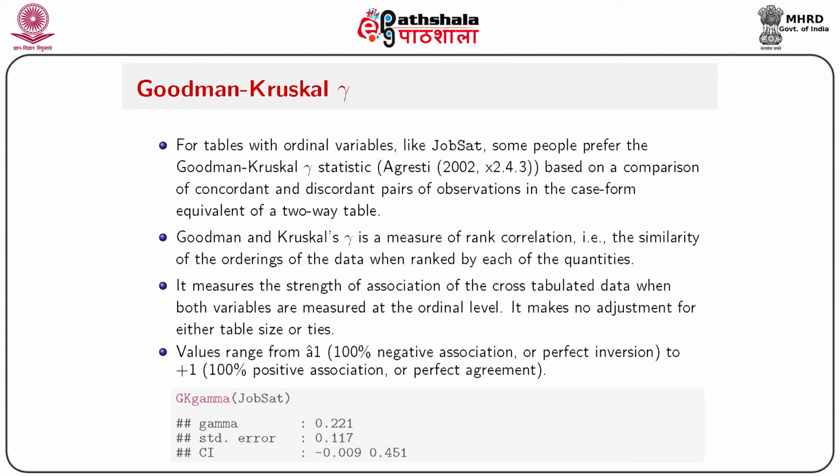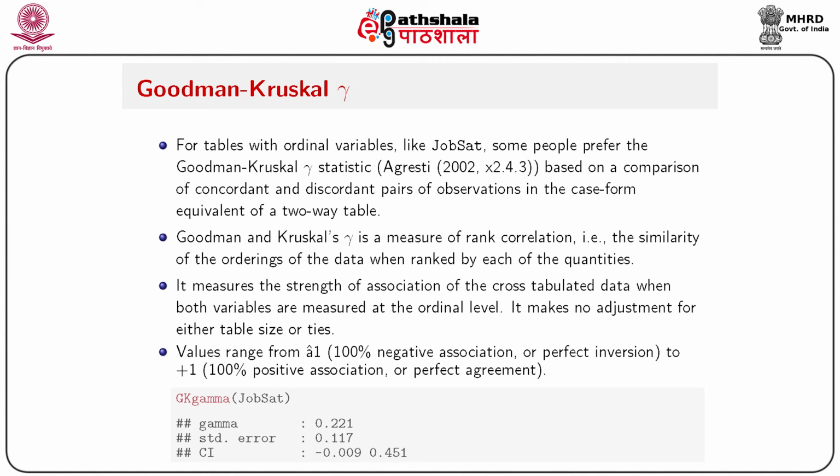The Goodman-Kruskal gamma statistic is based on a comparison of concordant and discordant pairs of observations in a two-way table. It is a measure of rank correlation, that is, the similarity of the ordering of data when ranked by each of the quantities.